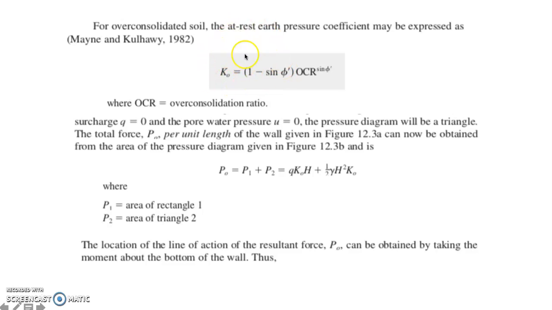This is the formula for over consolidated soil. Once you have computed the horizontal force, you can draw your pressure diagram. So basically, how to draw the pressure diagram.